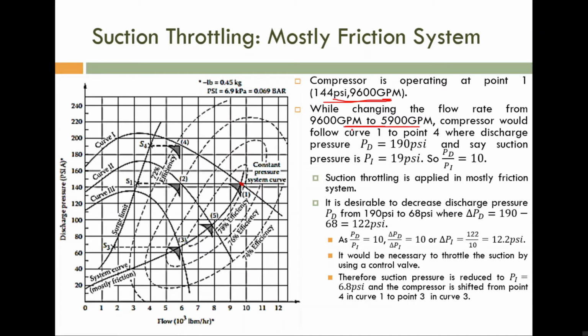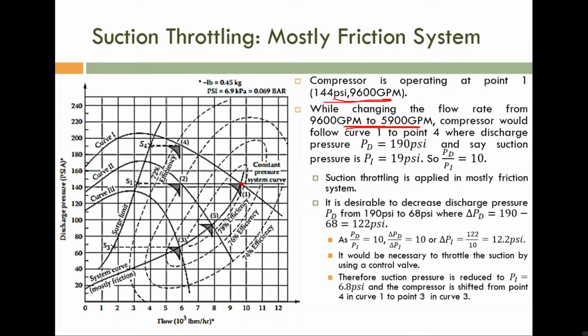Maybe the next process requires only 5900 gallons per minute, and some valve may be there. Anyway, the flow rate is decreased to 5900 gallons per minute from 9600 gallons per minute.